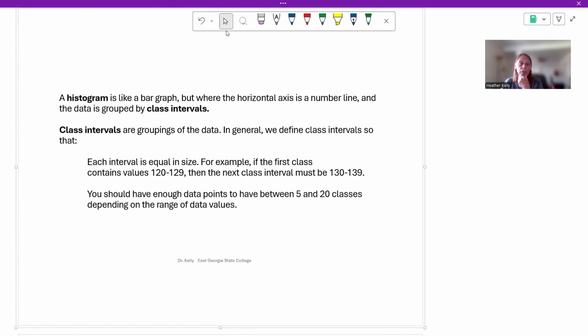If the first class contains the values 120 to 129, the next one has to pick up at 130 and be the exact same length, which is 10 units. You should have enough data points to have between 5 to 20 classes. Ideally, you want about 5 classes. It'll demonstrate your data better. You don't necessarily want to have like 50.